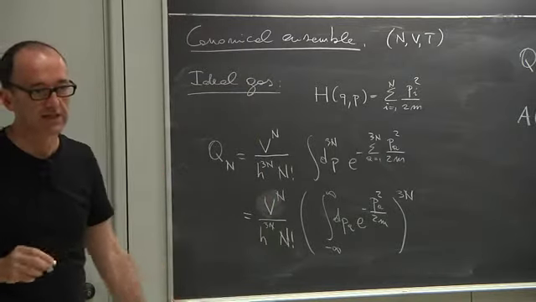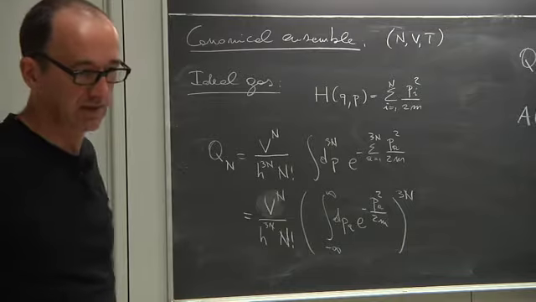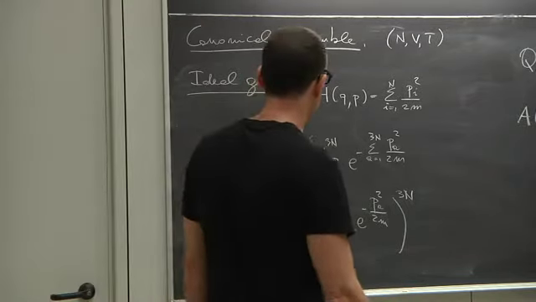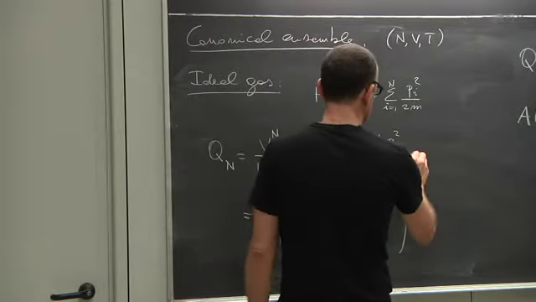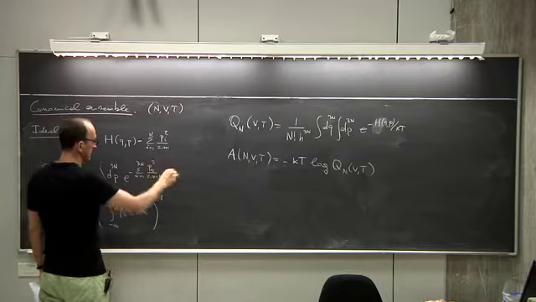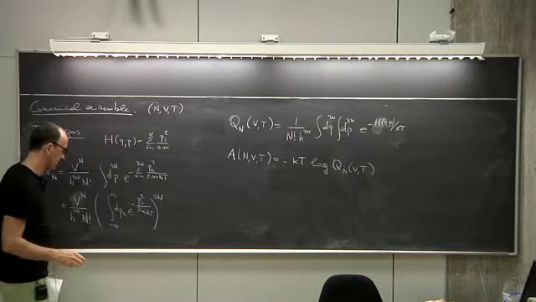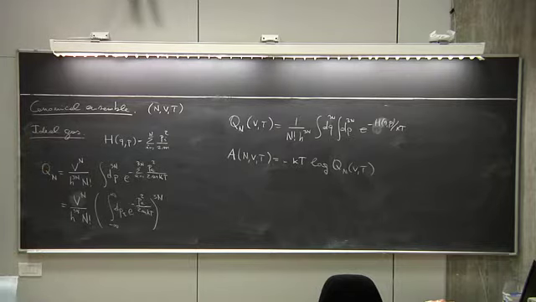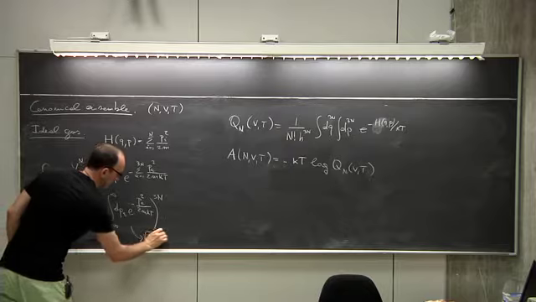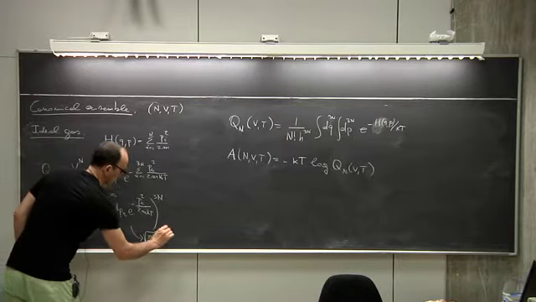Now this integral is a Gaussian integral which we have done already a couple of times. Sorry, I forgot that there is a kT here, right? I have to divide by kT. There is kT here. So the integral here is just the square root of 2 pi m kT.